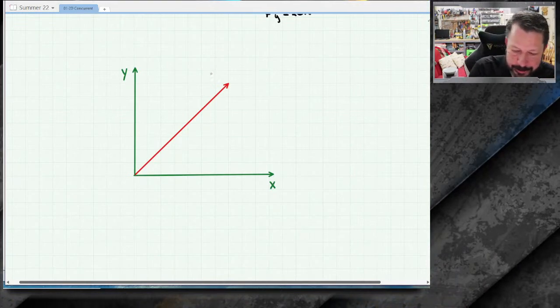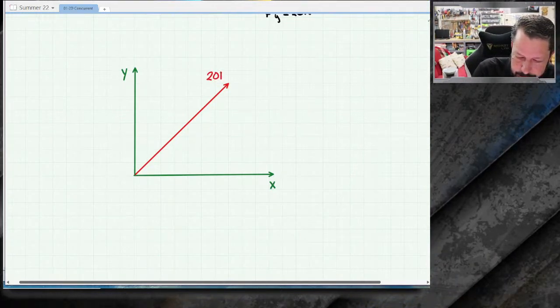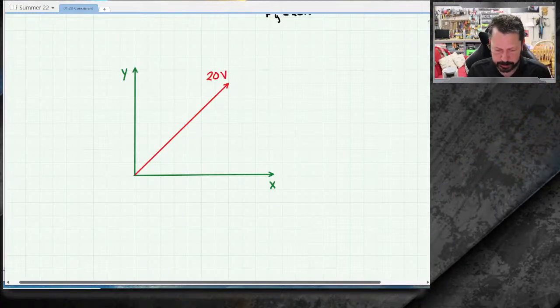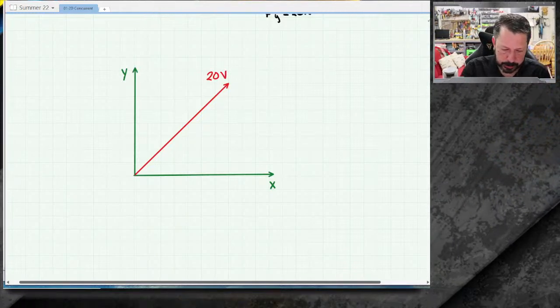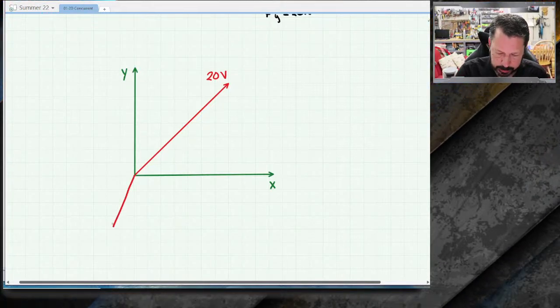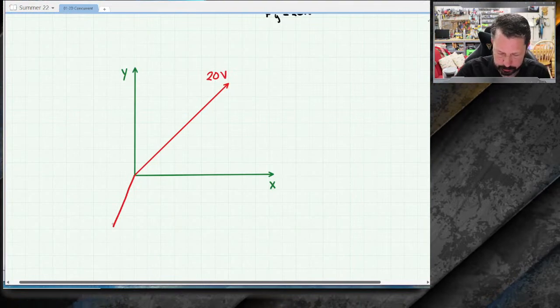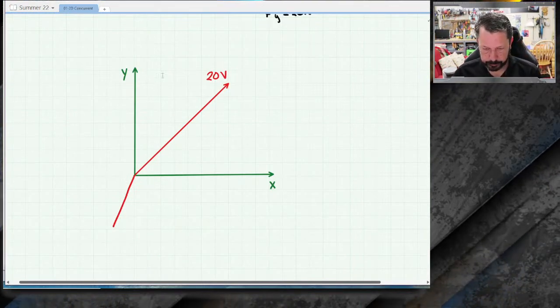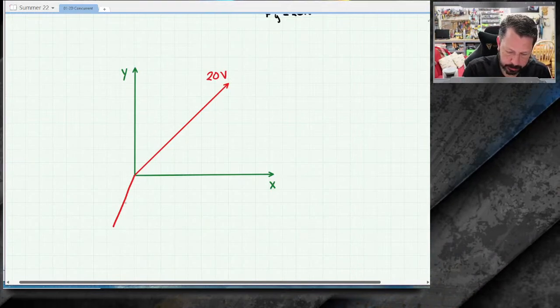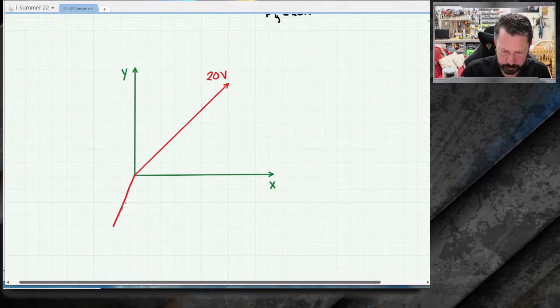All right, let's make it 20 newtons. And let's put another one here. Let's put it on the other side, and let's make it go down. Oh, but I want it to be straight. I'm not sure why I can't erase it.